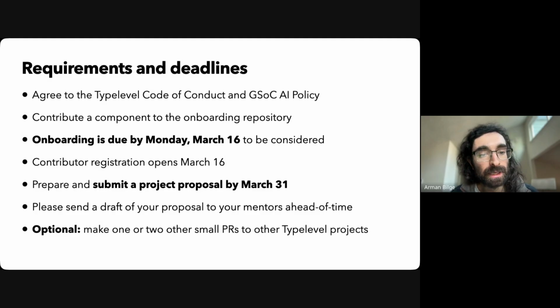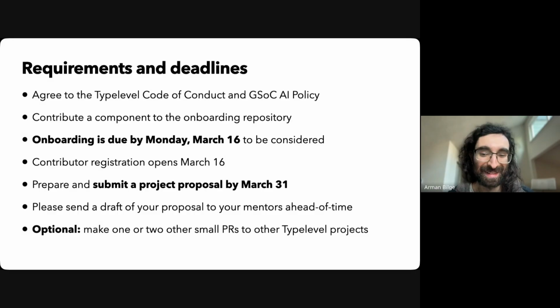Importantly, March 16 is when contributor registration opens on the Google Summer of Code web portal. So at that time, it will be possible to submit a project proposal. Project proposals are due a couple weeks later, by March 31st. If you want to have a successful proposal, it's important to send a draft of it to your mentors ahead of time.